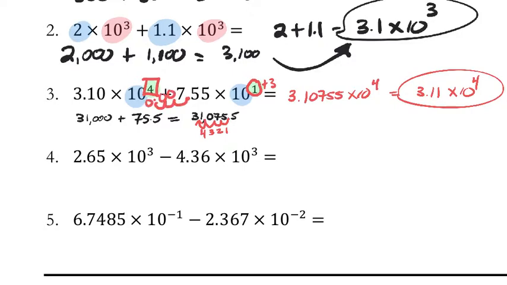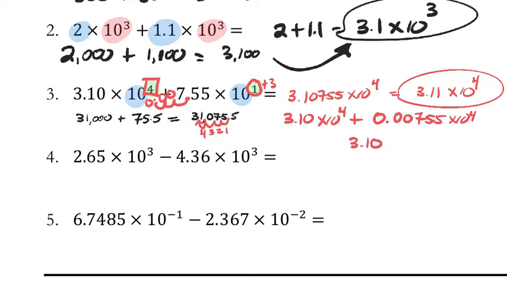But by adding a 3, we have to move the decimal for that coefficient to the left 3 times. So it ends up being 3.10 times 10 to the fourth plus 0.00755 also times 10 to the fourth. It's not how you should report numbers in scientific notation, but it does make this possible to add the numbers together.